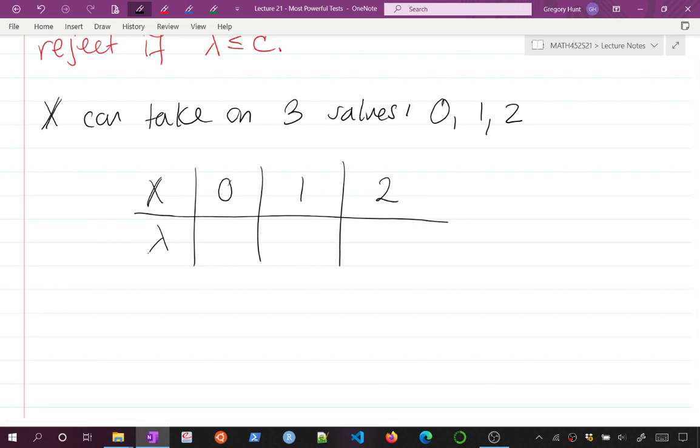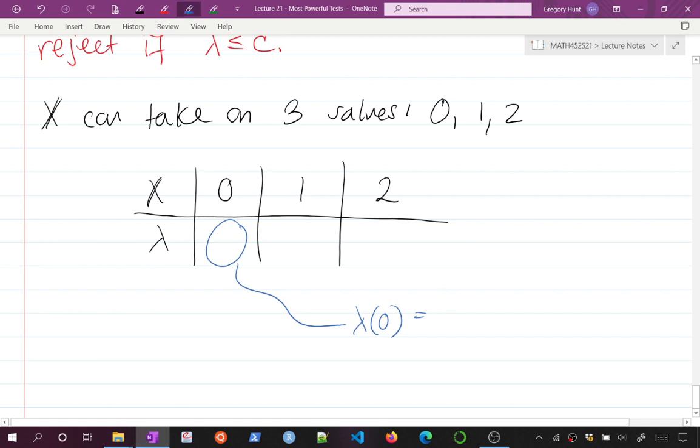Let's look at lambda. Okay, we can look at what lambda is, and we can kind of fill in this whole table, right? So this first value here is going to be lambda when x is 0. So let's say lambda of 0, and that is the likelihood function.